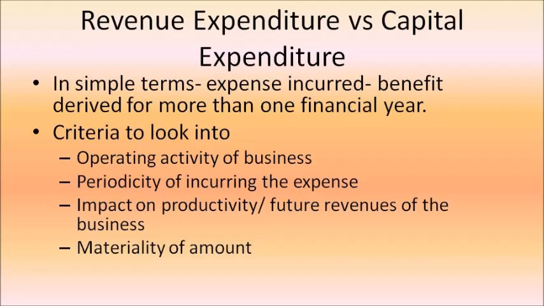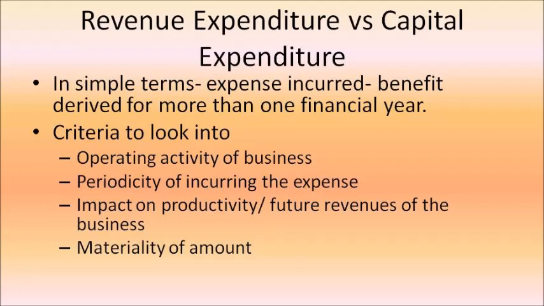That is, I have a machine, it broke down for some reason, and I incur repairs and maintenance. The expense which I incurred resulted in restoring the machinery to its original capacity, that is, back to 100% capacity. In such a case, there is no impact on its future revenues or on its productivity.